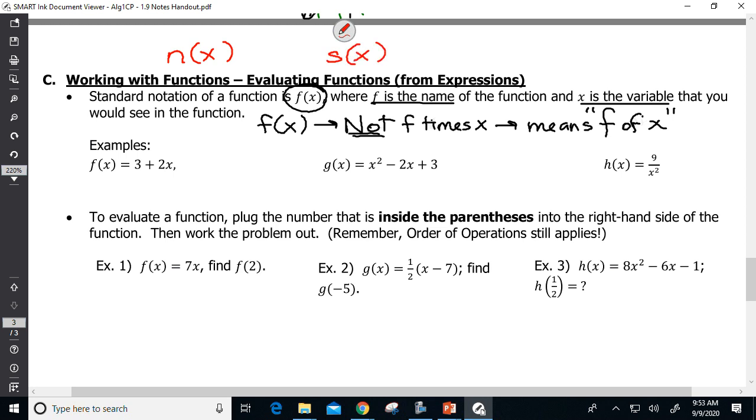S is the name, x is the variable. I can name one for Trent and Tyler: t of x. T is the name, x is the variable that's inside the function. So I can name it however I want. And these are three examples of functions. The left-hand side tells you the name. The right-hand side is the expression that you would work with.